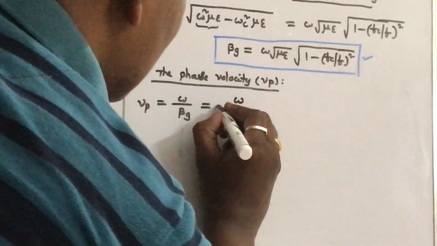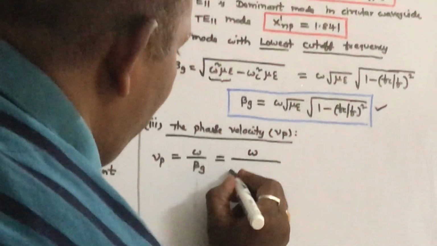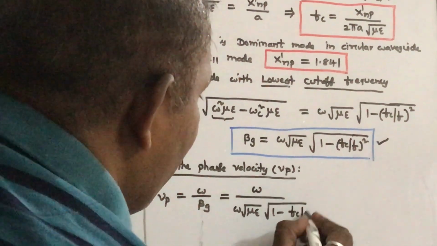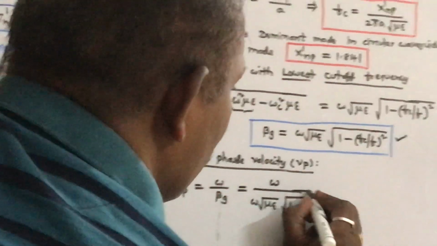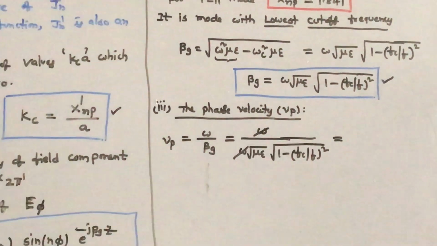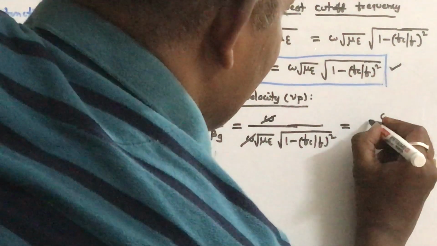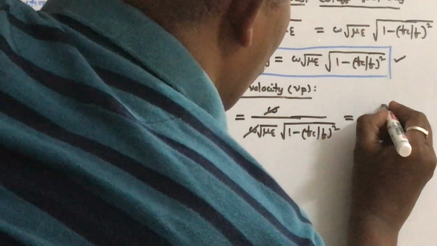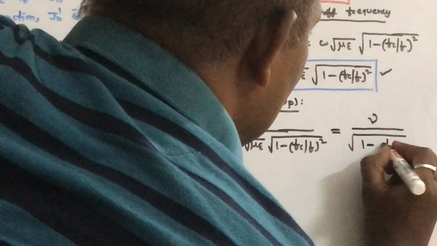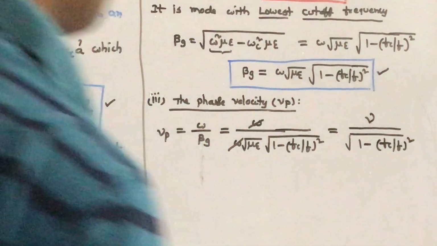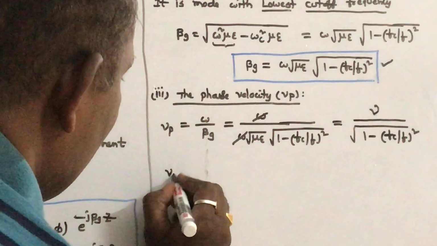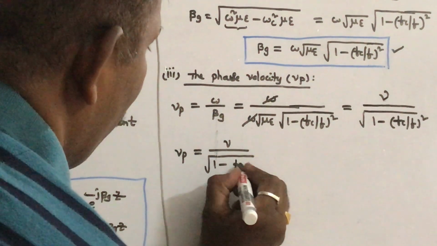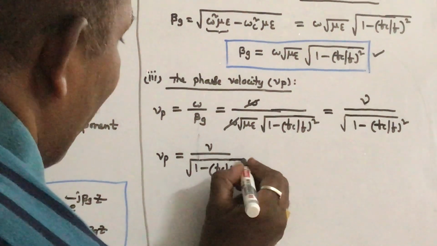Keep omega as it is, and beta g is omega square root of mu epsilon into square root of 1 minus fc by f whole square. The omega cancels out. Then 1 by square root of mu epsilon is written as v, or we can write it as c. So the phase velocity is given as v divided by the square root of 1 minus fc by f whole square.